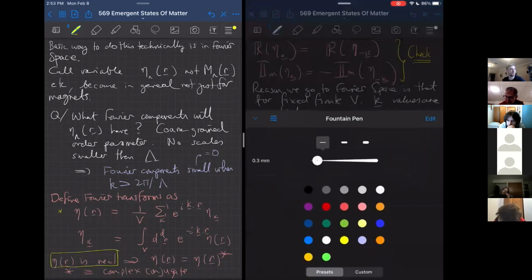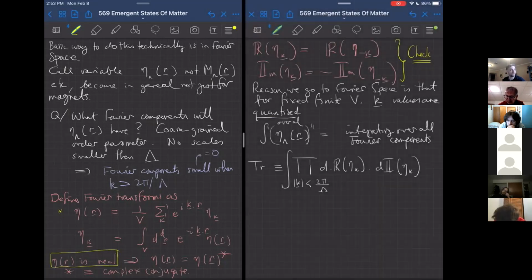So again, I want to make this important point that k is a label. When I do this multiplication here, this is just the product of integrals labeled by k. There's one more thing that I have to do.